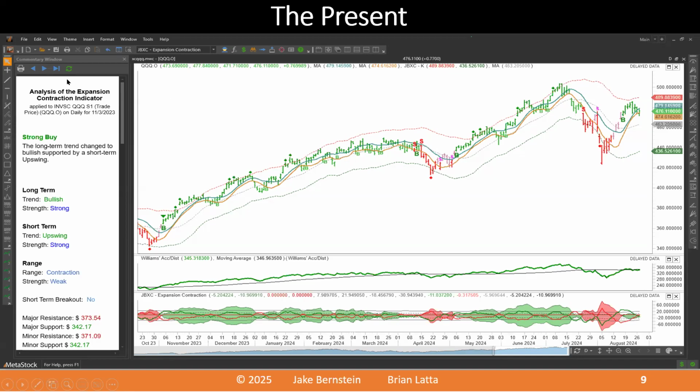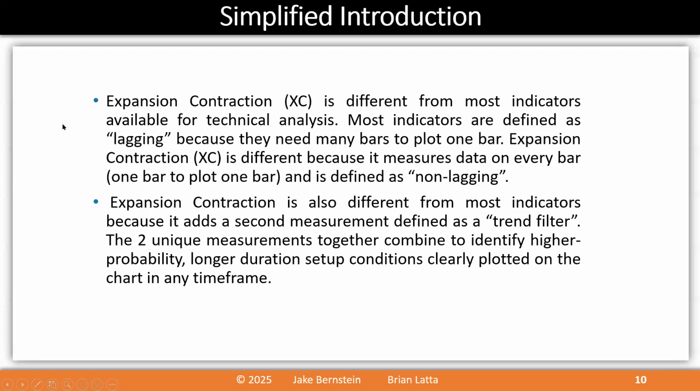They've also created an advisor on here that will show all of the different conditions that this indicator shows. Now, this is new, it has been around for the last few years, and it is getting picked up by chart services. But quite simply, expansion contraction is completely different from most indicators.